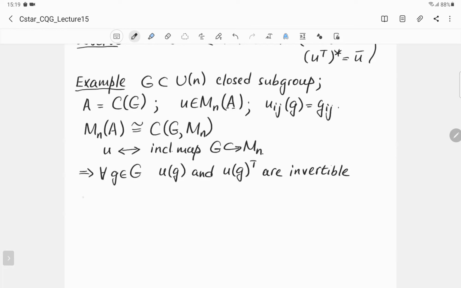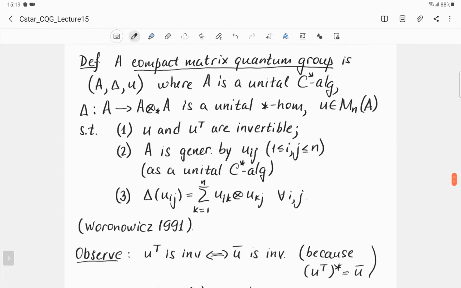And this means exactly that U and U transpose are invertible. So our first condition from the definition of compact matrix quantum group is satisfied.